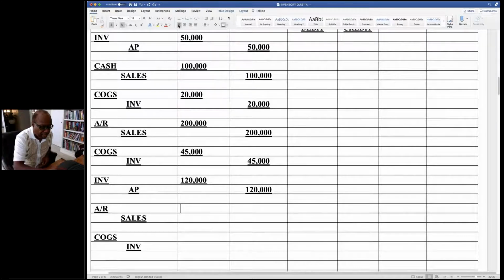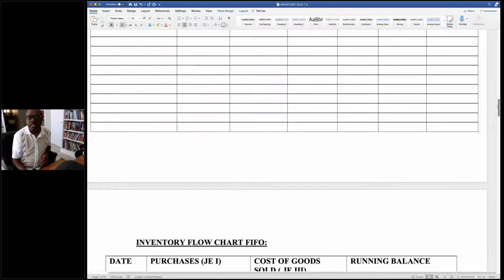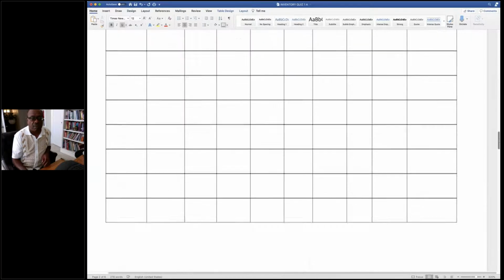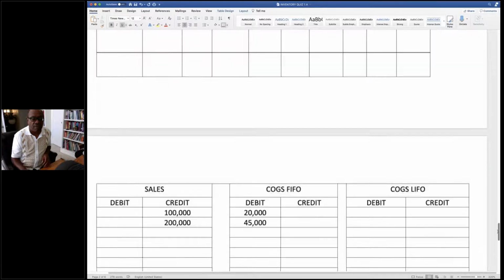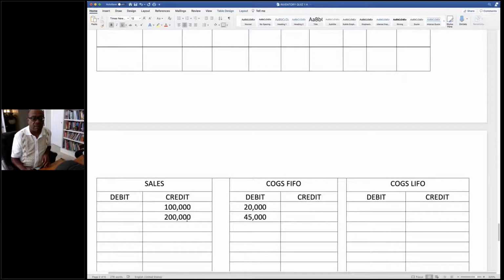Dawkins is coming alive. And I'm going to go to my T account. Sales. Put that 300 in.